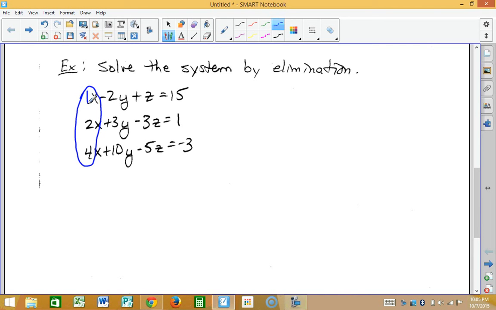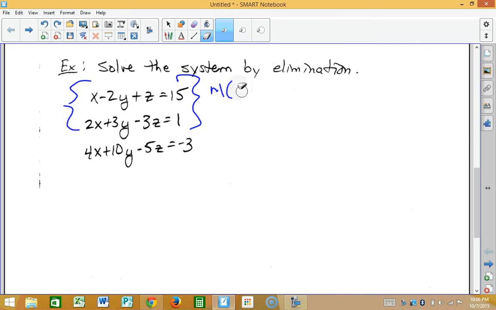So we're going to go ahead and make these first two equations have the same number. So we're going to multiply the first one by 2. And we're going to multiply the second one by a -1. The reason why I want to multiply by a -1 is because we want to have different signs. It's much easier to eliminate when you have different signs.